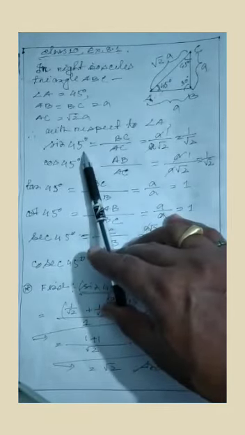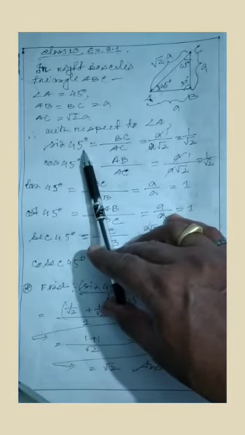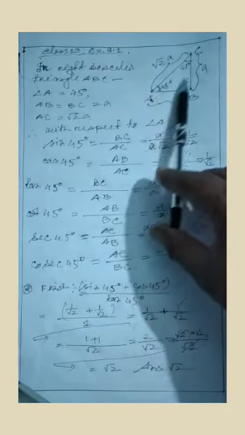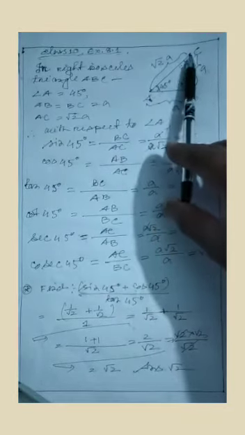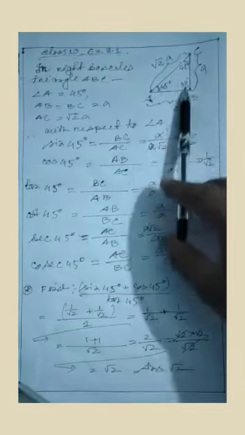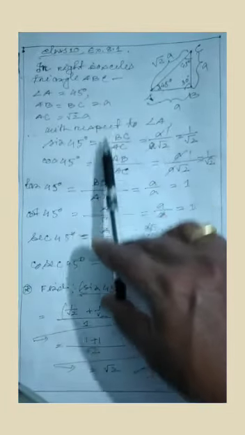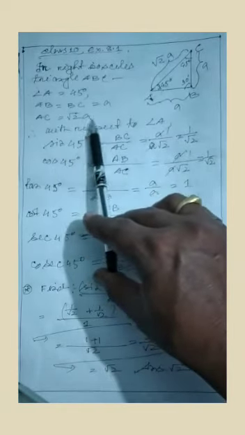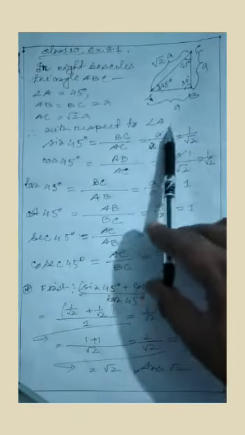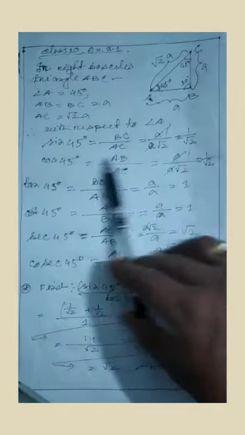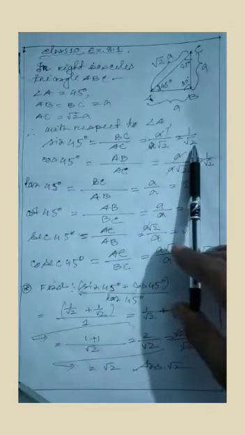Therefore sin 45 degrees, sin theta equals P by H. According to this angle, P will be the opposite side BC, and H, the hypotenuse, will be AC. So BC by AC. The value of BC equals a, AC equals root 2 a. Here a cancels, 1 by root 2. Therefore sin 45 degrees equals 1 by root 2. If you see in the table, you will get sin 45 equals 1 by root 2.